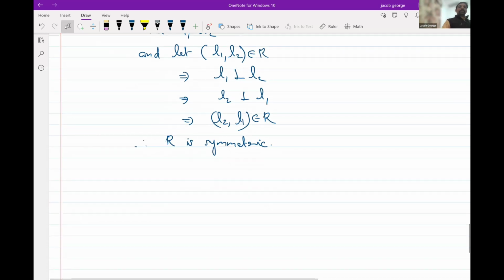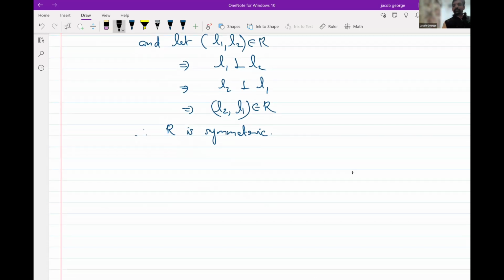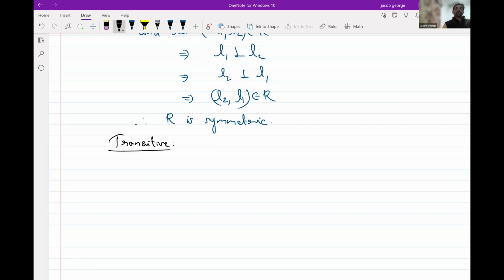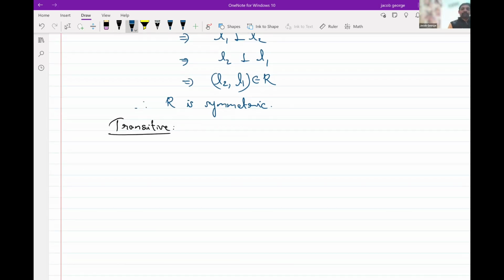Yes, so let's start. Transitive. We start with three elements.